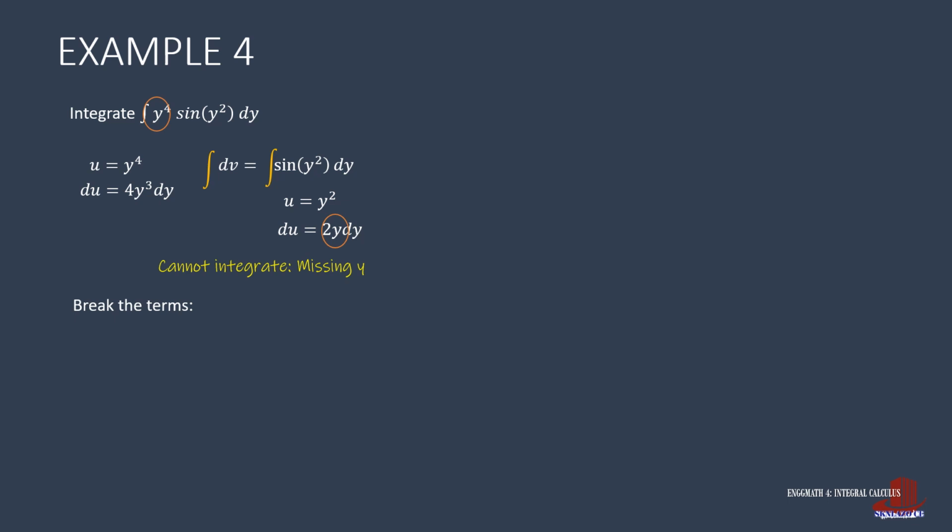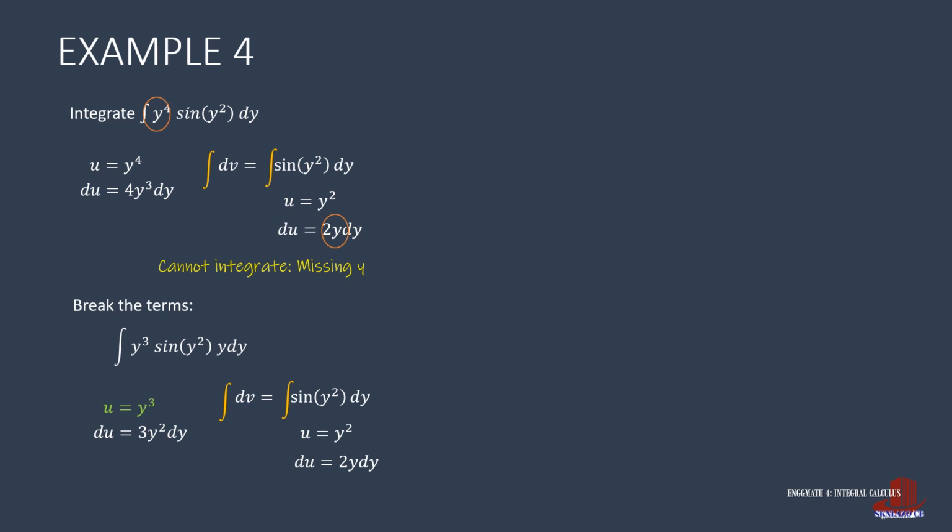So we adjust the integral into y cubed times sine of y squared with y dy. Again, use u as y cubed, and du is 3y squared dy. dv is sine of y squared dy, where its u is y squared and du is 2y dy.